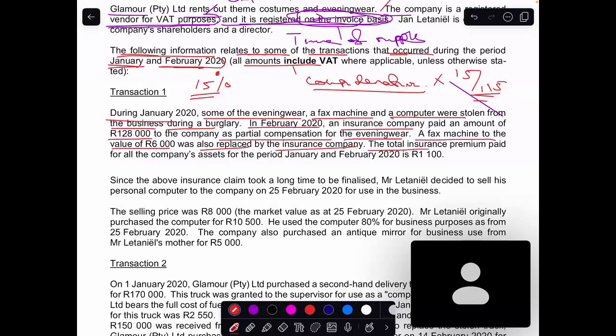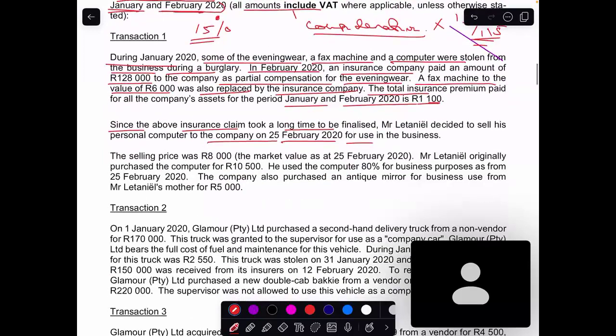The total insurance premium paid for all the company's assets for the period January and Feb 2022 is 1,100.